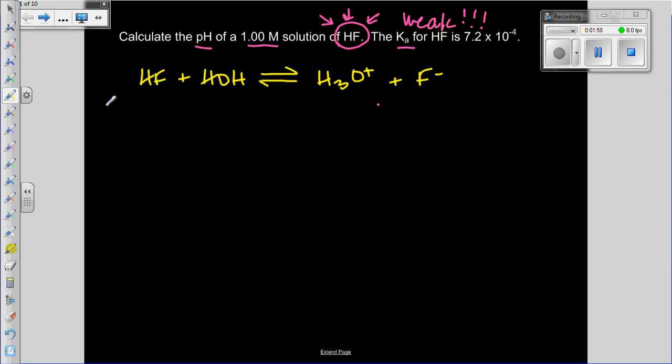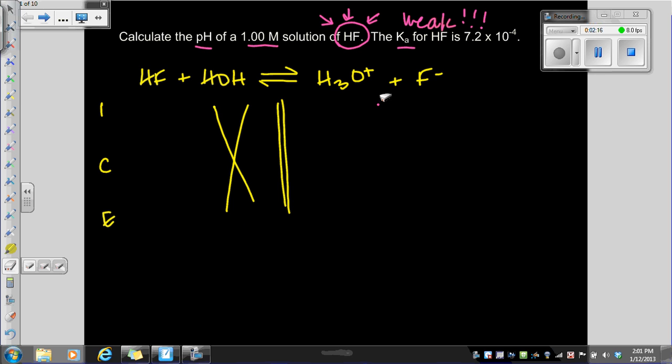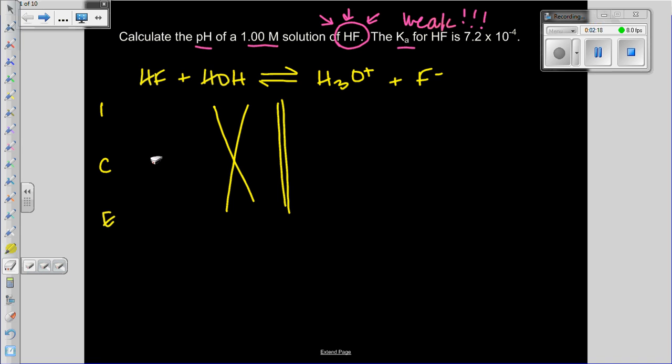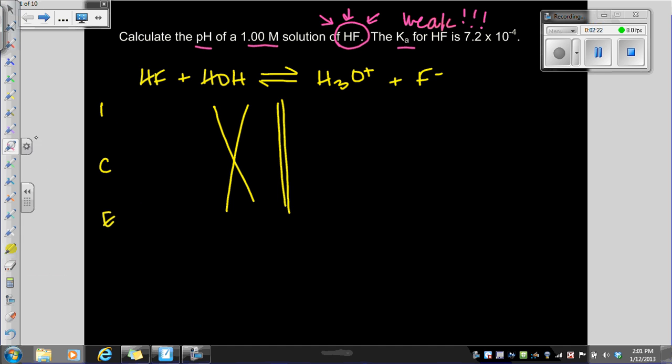The second thing you do is set up an equilibrium chart, an ICE chart. I'm going to draw a fence underneath the arrow. Water is a pure liquid, so it's not included in the expression. I'm going to X it out because we don't need to worry about it. The next thing I want to do is substitute the given information into the problem.